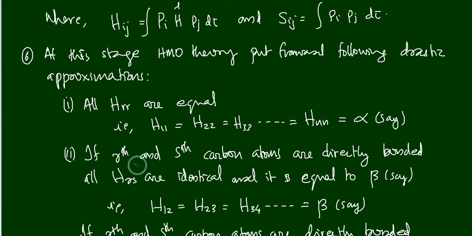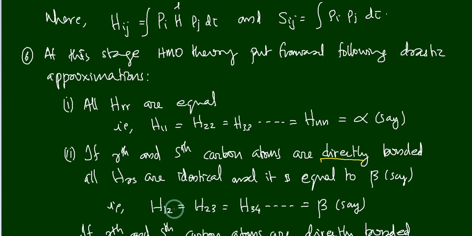And if the Rth and Sth carbon atoms are directly bonded, okay, it's very important. If the Rth and Sth carbon atoms are directly bonded, then all the HRSs are identical and it is equal to beta. Let's say beta, okay, means 1 and 2 are directly bonded carbon atoms. 2 and 3 are directly bonded carbon atoms. 3 and 4 are directly bonded carbon atoms.